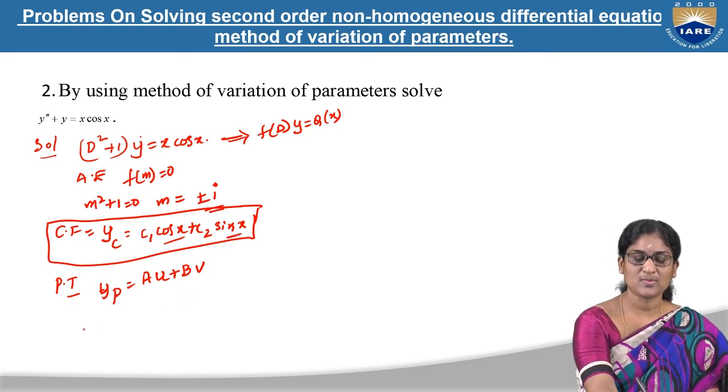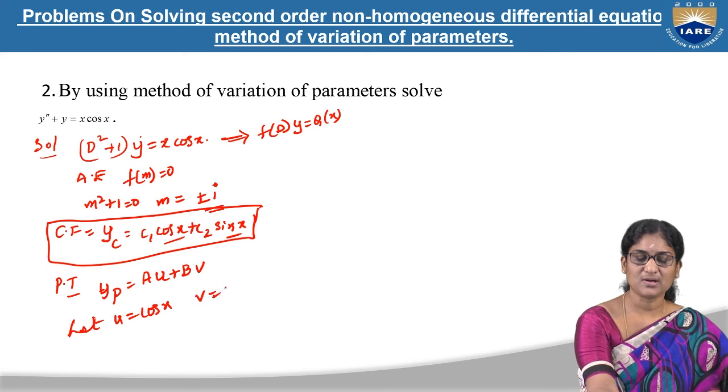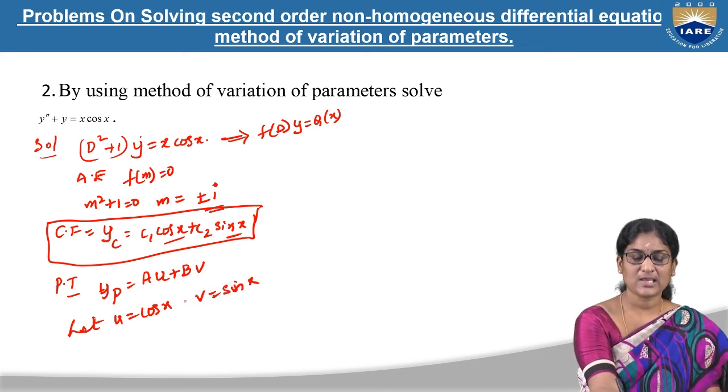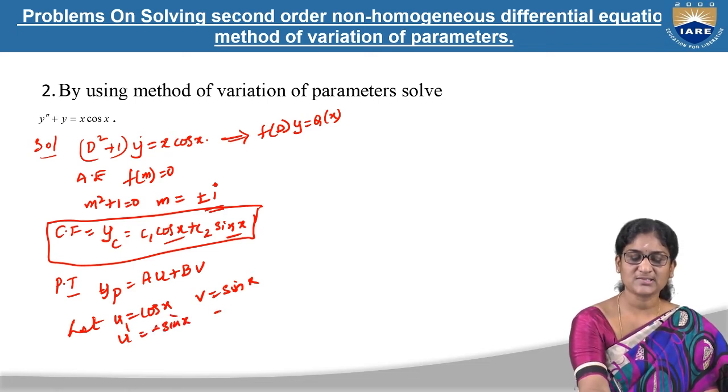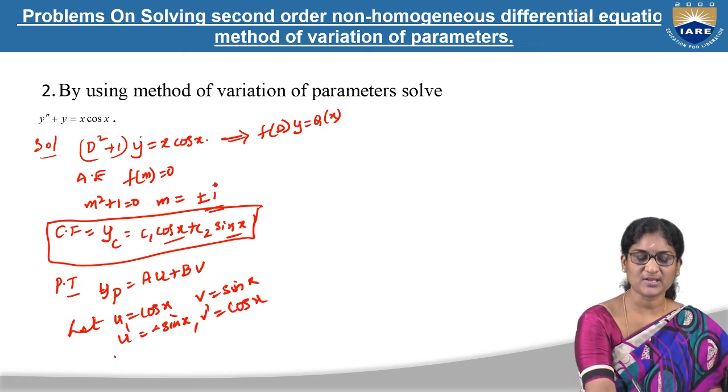So therefore, let u be equal to cos x and v be equal to sin x. From this I can differentiate: u dash is minus sin x, and v dash is nothing but cos x. So what is the Wronskian function here?